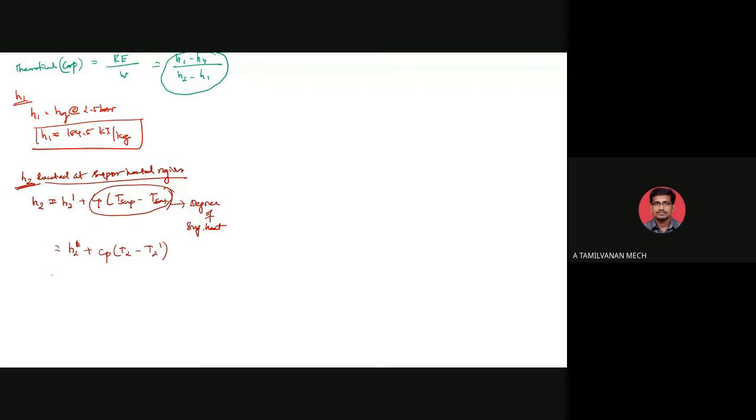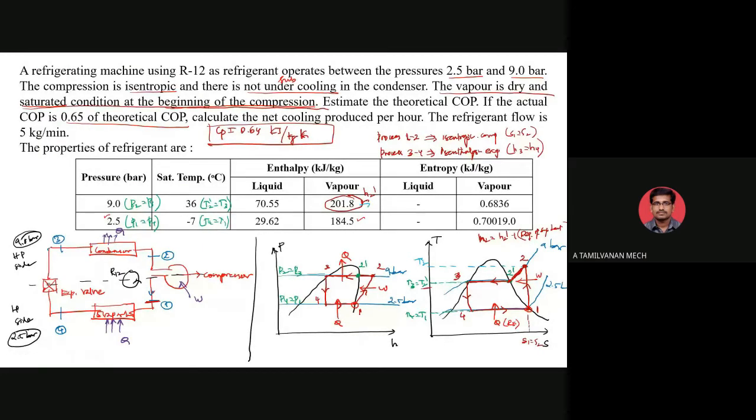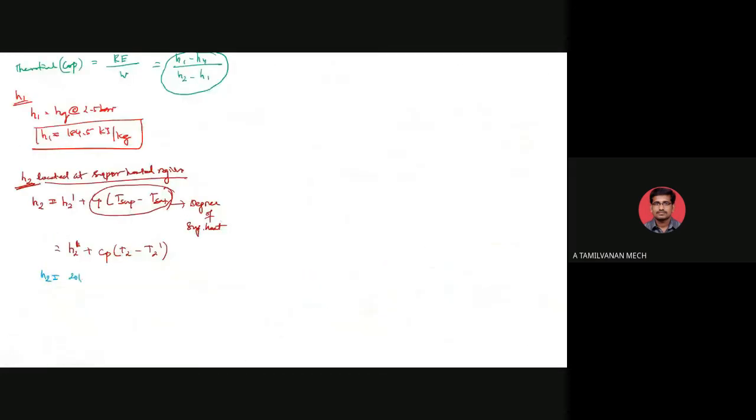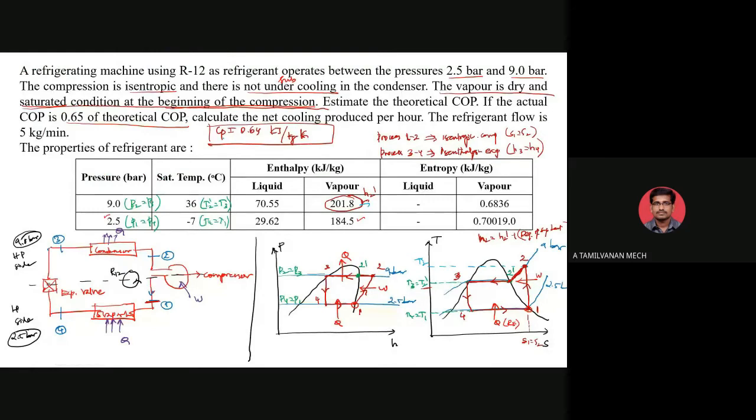Here H2 dash from the table is equal to 201.8, so 201.8 plus Cp, which is 0.64 kilojoule per kilogram Kelvin, the specific heat of refrigerant R12.